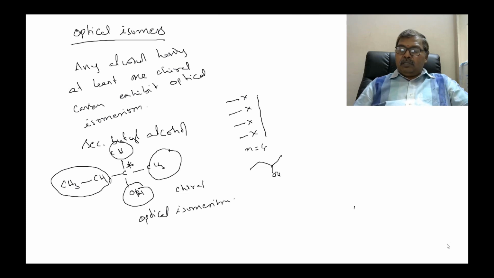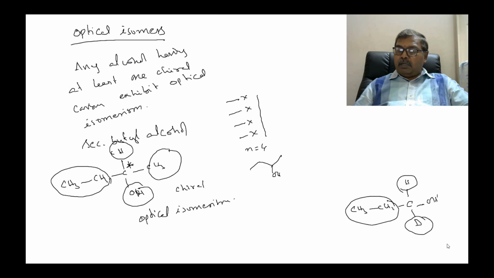Suppose CH3, CH2, CH2OH. This could also exhibit optical isomerism, but see here, at this carbon, one is hydrogen, the other should be deuterium, like this. This is hydrogen, this is deuterium. Now it became a chiral carbon and exhibits optical isomerism.